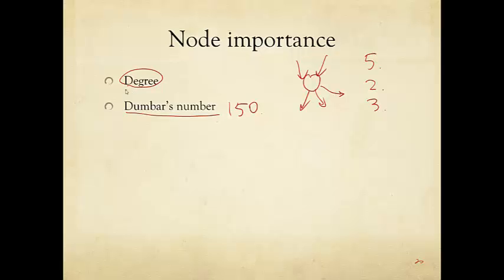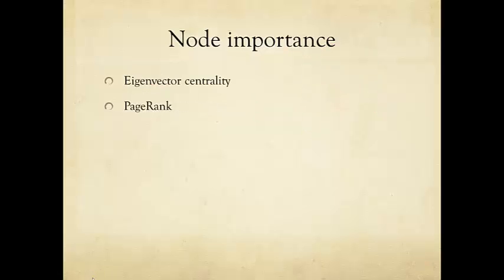But we also know that degree can be a misleading number to quantify node importance. For example, we may want to say that more important nodes pointing to you make you more important. And that is exactly what we did in lecture 3 with Google's ranking of web pages.